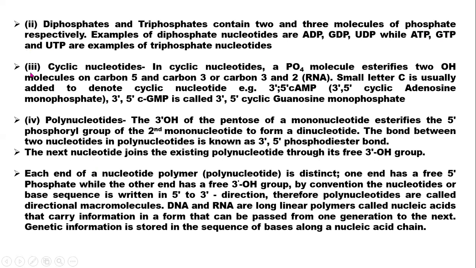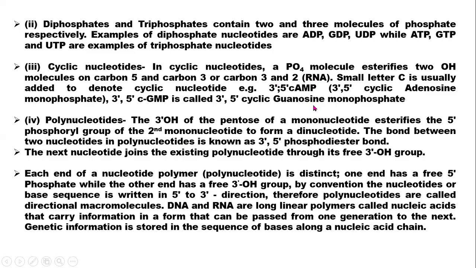The third category are cyclic nucleotides. In cyclic nucleotides, the phosphate group is esterified to the two OH groups on carbon 5 and carbon 3, or carbon 3 and carbon 2 in RNA.